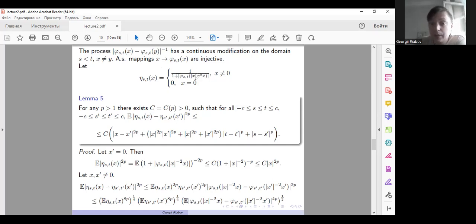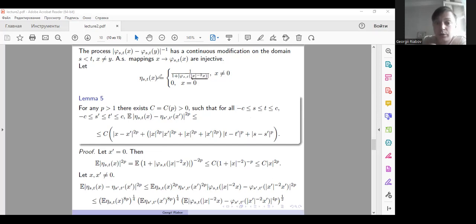So we evaluate phi at the point x over the norm of x squared. This transformation, in a sense, sends infinity to 0 and 0 to infinity. So by considering properties of eta, we will prove that phi goes to infinity as the norm of x goes to infinity.